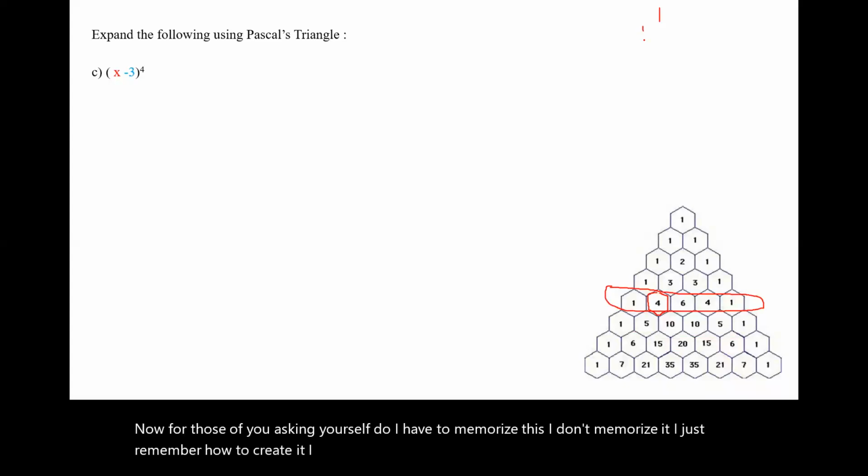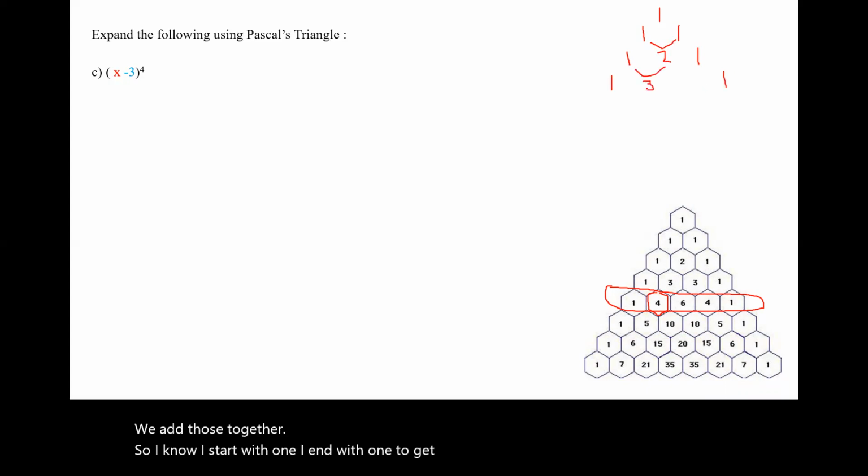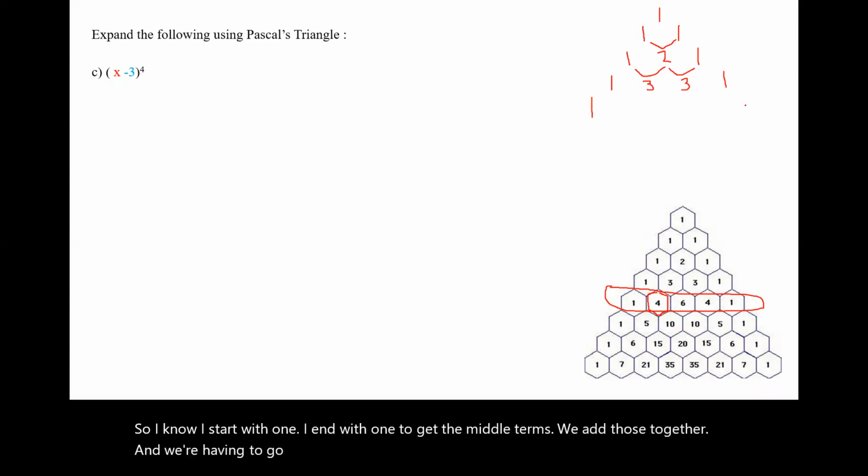I know it starts and ends with 1. And then to get the middle terms, we add those together. We're having to go to 4, so we need 1 more. Start with 1, end with 1, add the middle terms together.